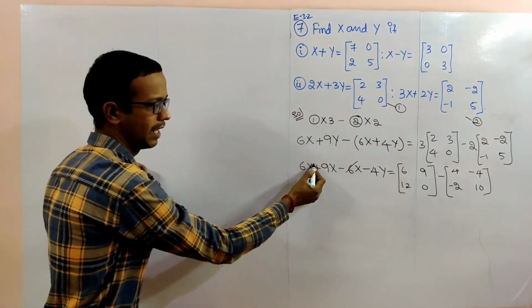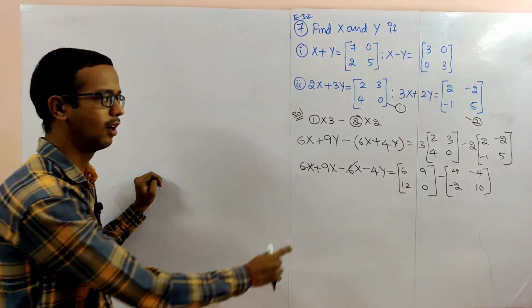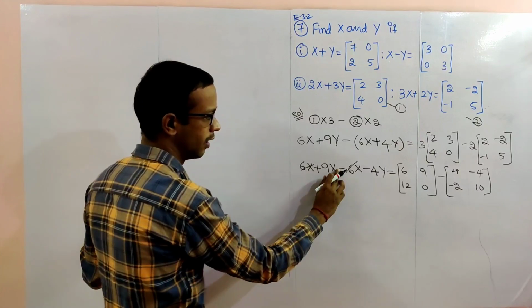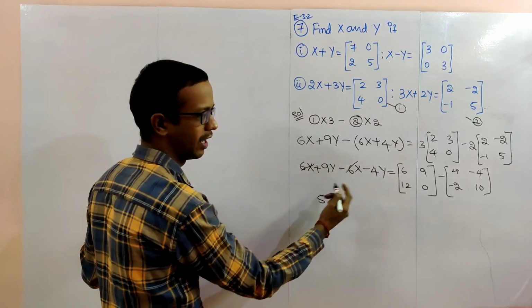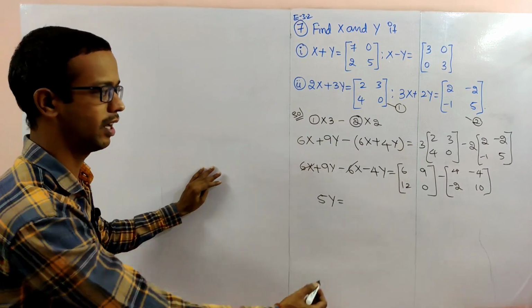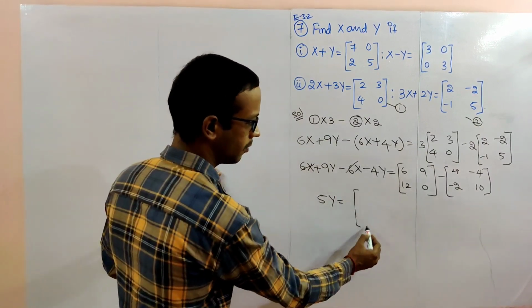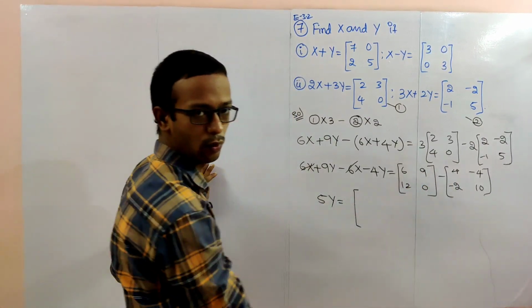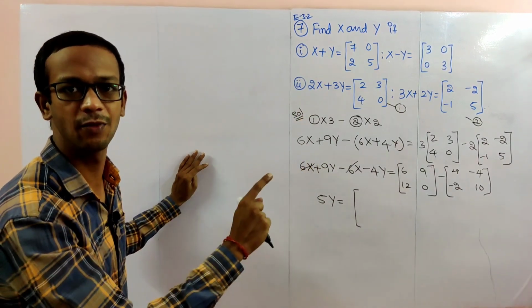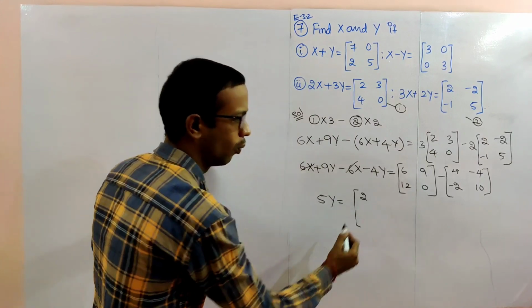So now minus 6x plus 6x cancel. 9y minus 4y is 5y, that is equal to, here 6 minus 4, first element subtraction, 6 minus 4 is 2.